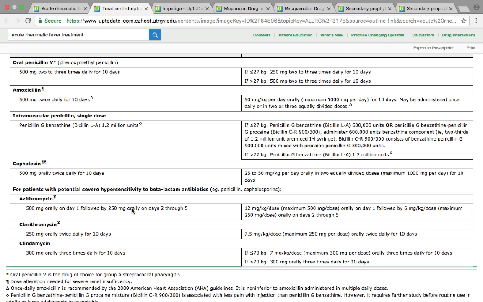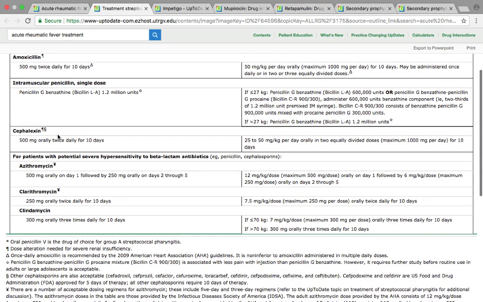The other thing to note too is that people have less of a chance of getting a hypersensitivity reaction or an allergic reaction with an intramuscular penicillin injection than they do with an oral penicillin. So that's another reason why, even if a person has a document that says penicillin allergy, the intramuscular may be okay to still give them the IM penicillin.